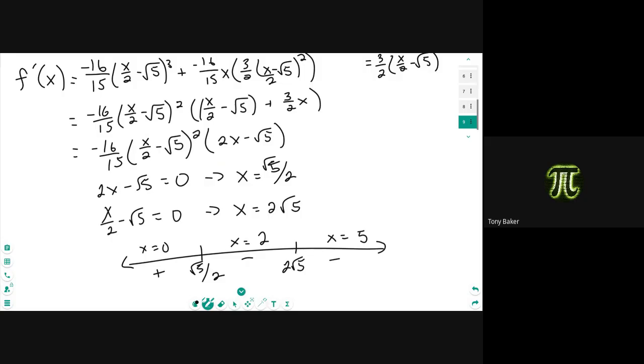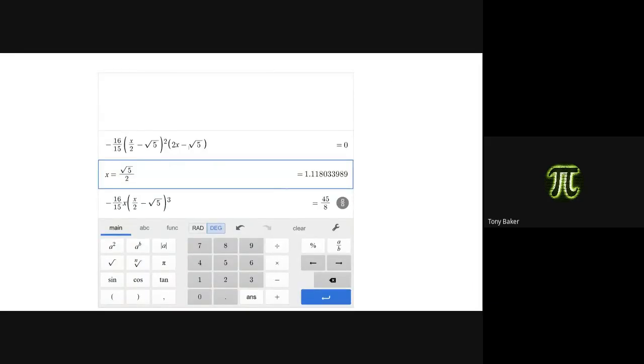X is square root of 5 over 2. So this one came out to be a decimal, but I can change it to a fraction. I would check that first before you have to sit there and do it out by hand. So this one I can easily type in. It's 45 over 8.